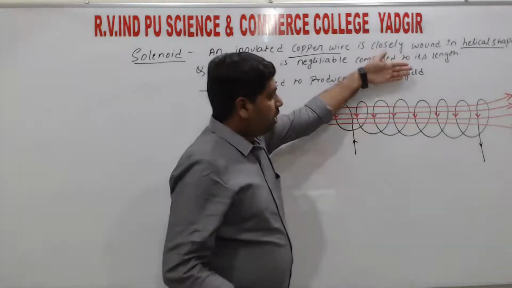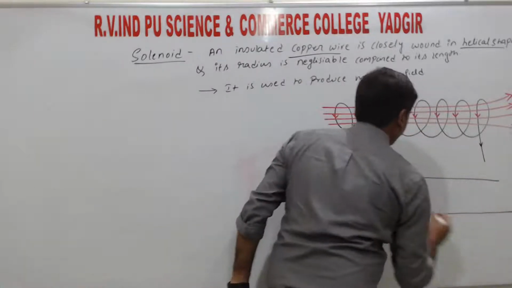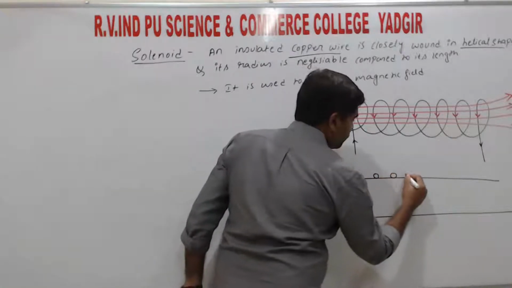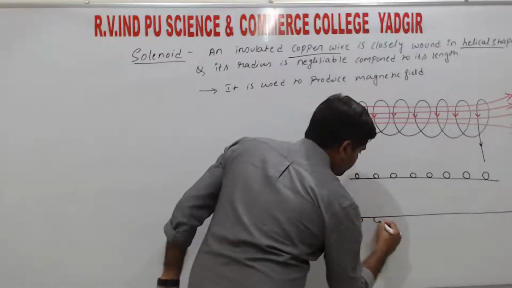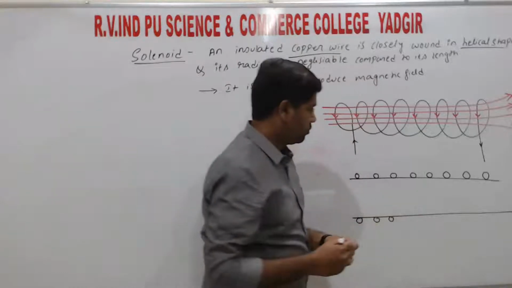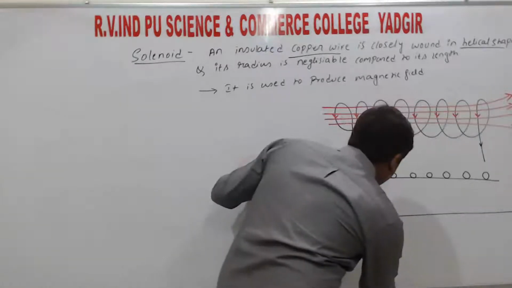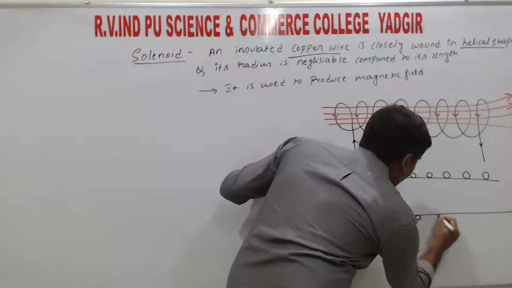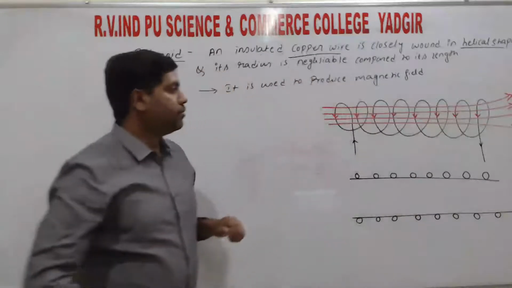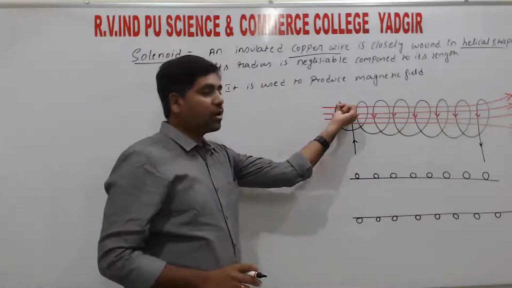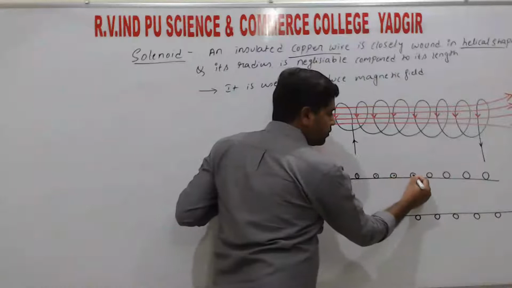If we cut it in cross section, we get it like this. Here the current direction is coming out of the board, and wherever it is coming out of the board we use a dot.